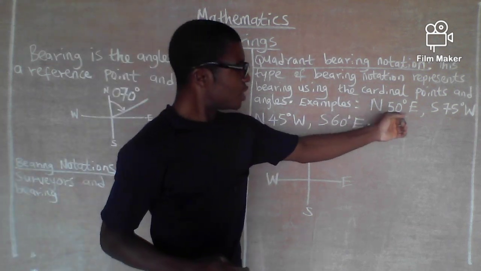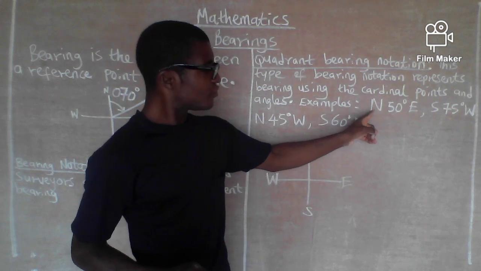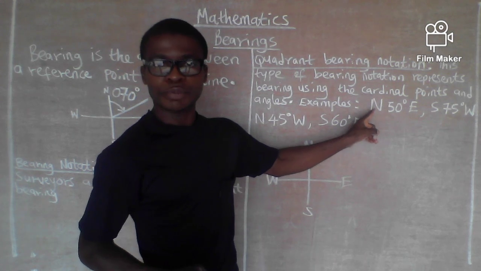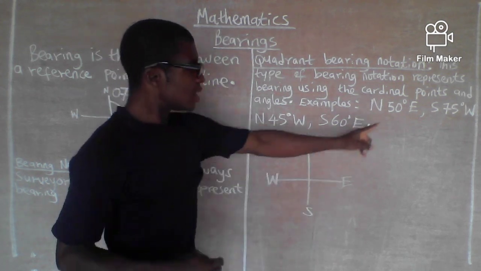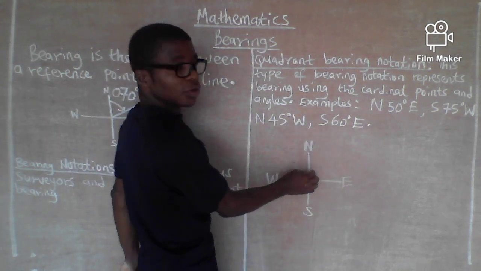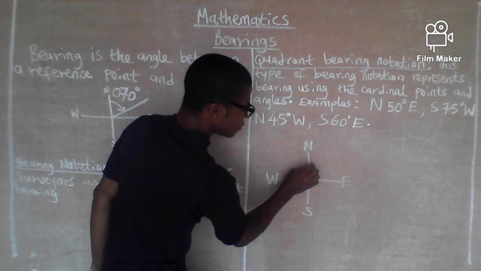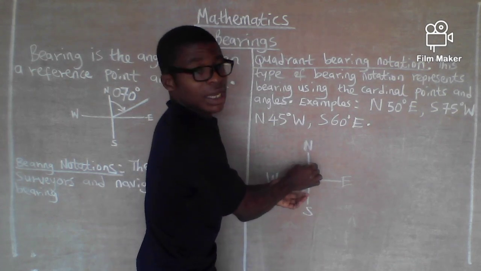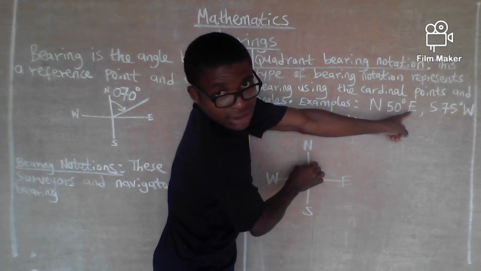Now, for this bearing, what is the reference point? The reference point is the first cardinal point, and that is the cardinal point north, which means the angle 50 degrees should start from this cardinal point north. From north, measure 50 degrees to which direction? To the east direction.